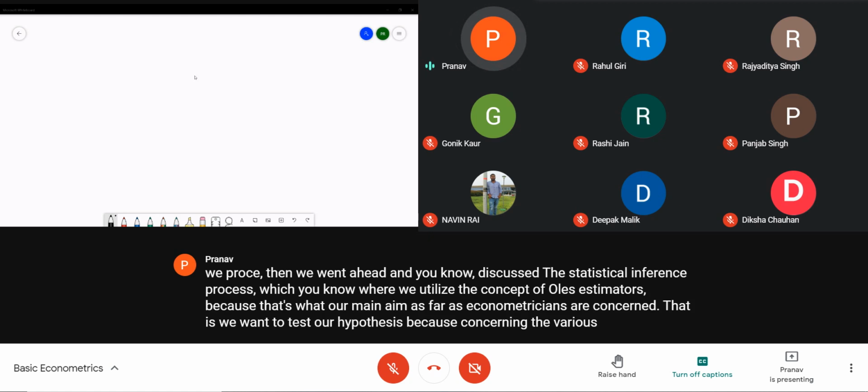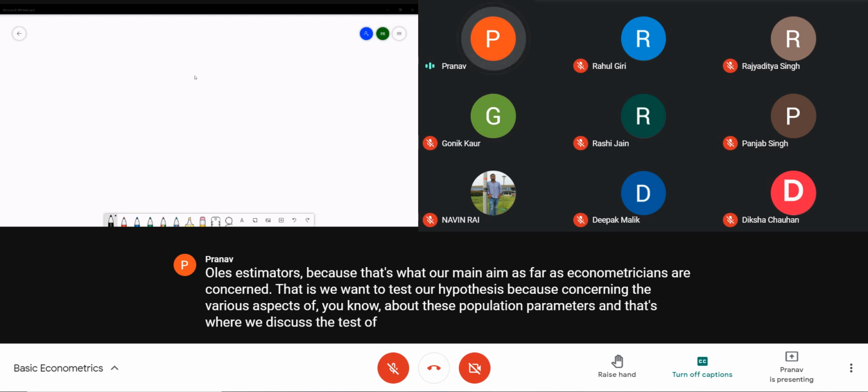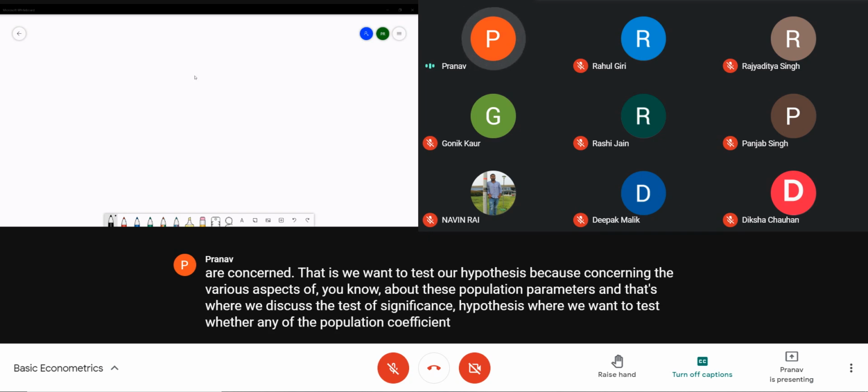And that's where we discussed the test of significance, where we want to test whether any of the population coefficients is statistically significant or not. Statistical significance means whether that particular variable should be included in the population regression function or not.